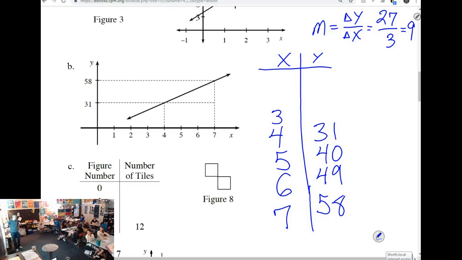Subtract 1, subtract 9. Subtract 1, subtract 9. Double checking my addition. Subtract 1, subtract 9. Subtract 1, subtract 9. Which makes our rule what? Connor?